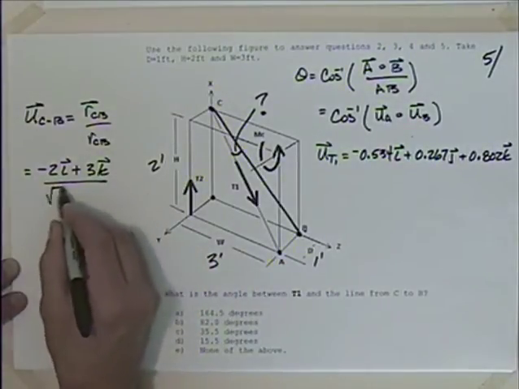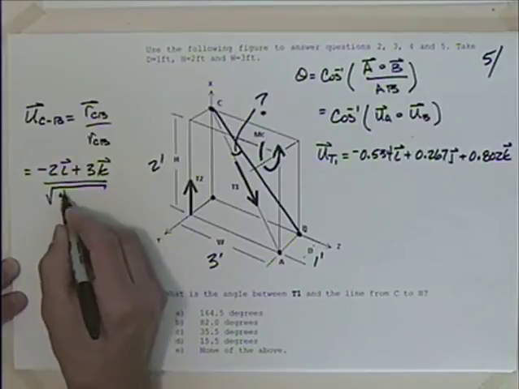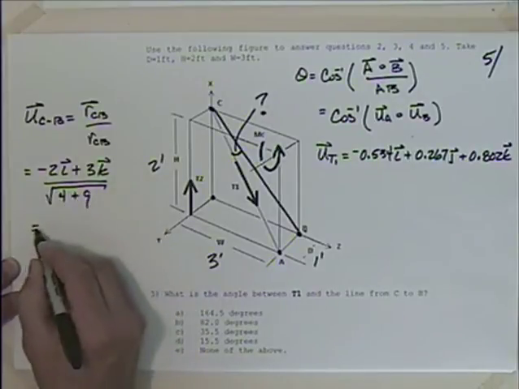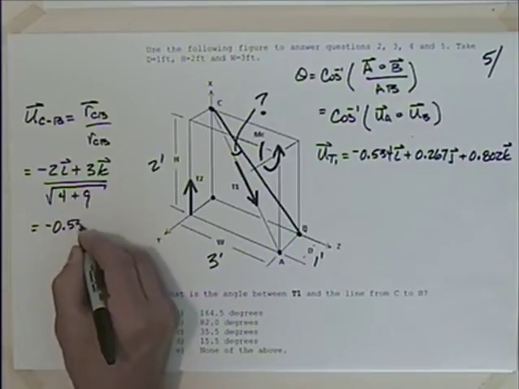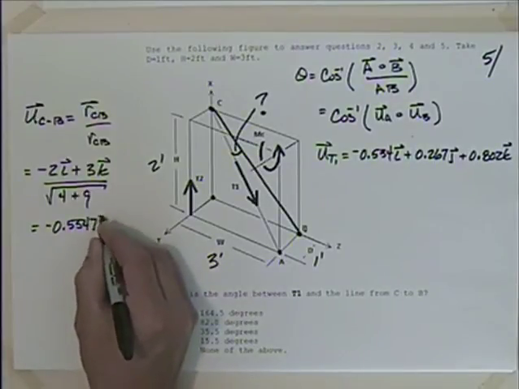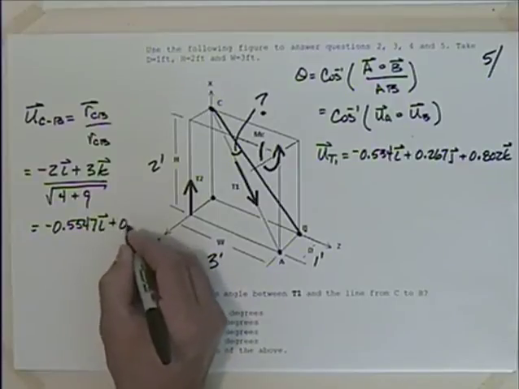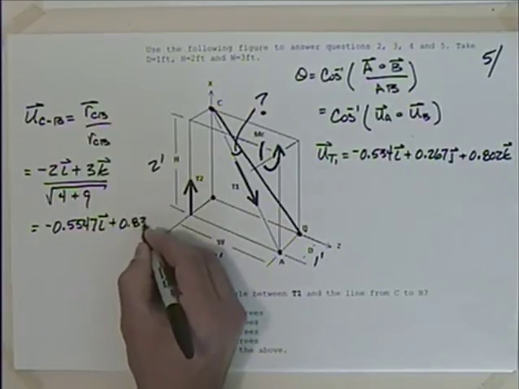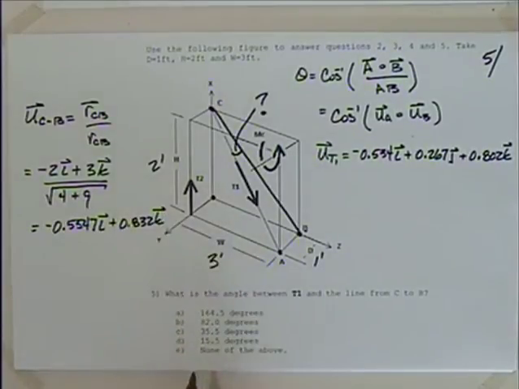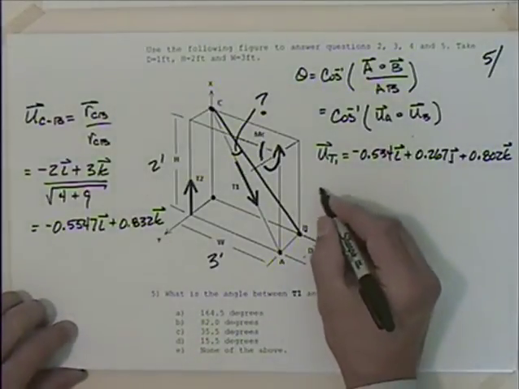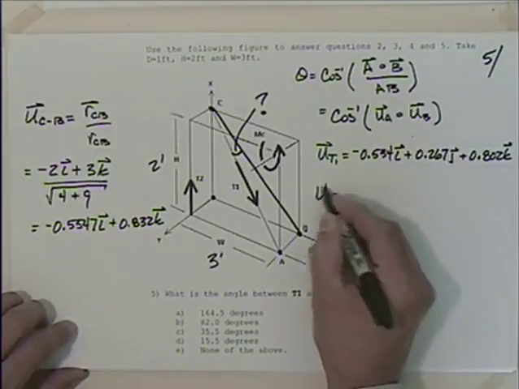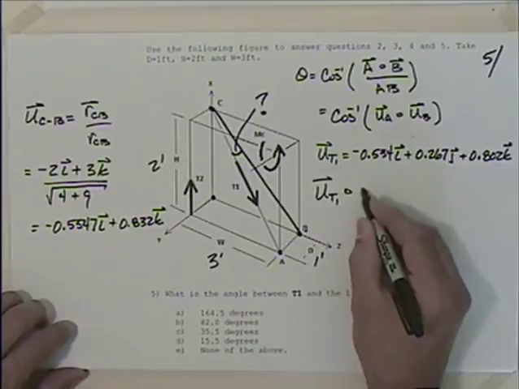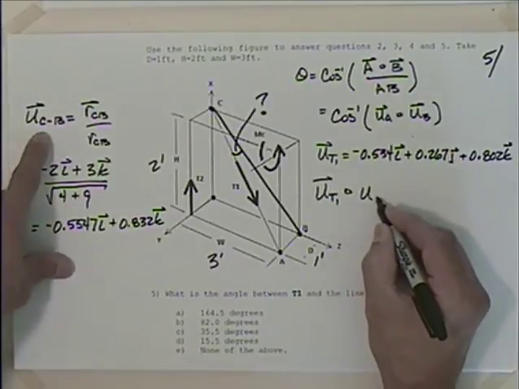So I'll then divide this by the square root of 4 plus 9, which gives me -0.5547 in the I, plus 0.832 in the k. Now I want to take this unit vector for T1 and dot it with the unit vector for CB.